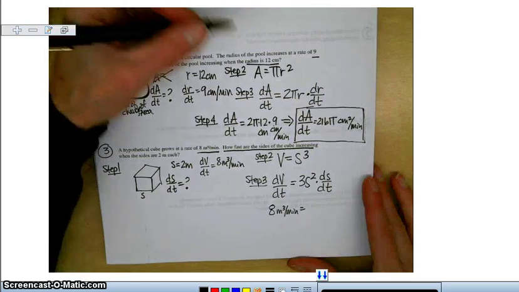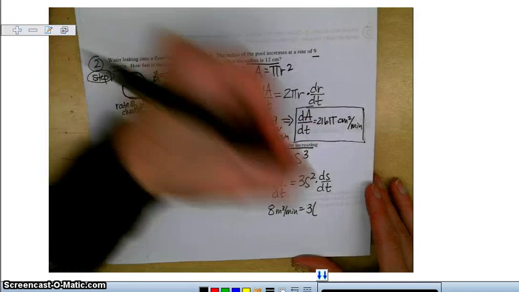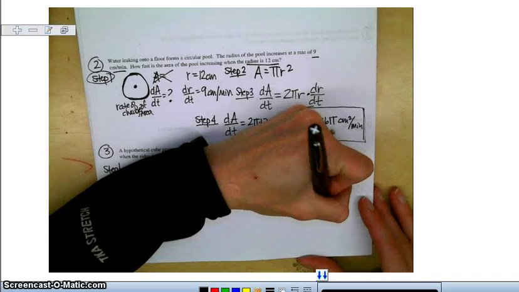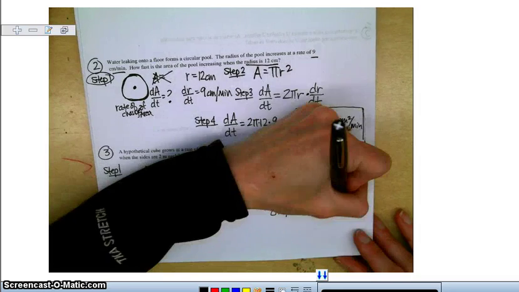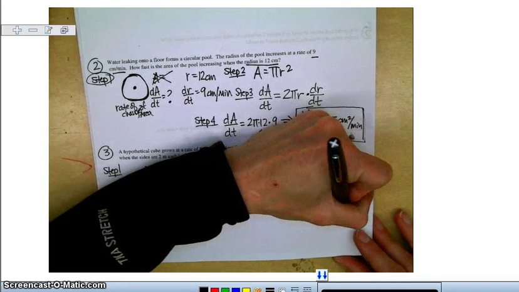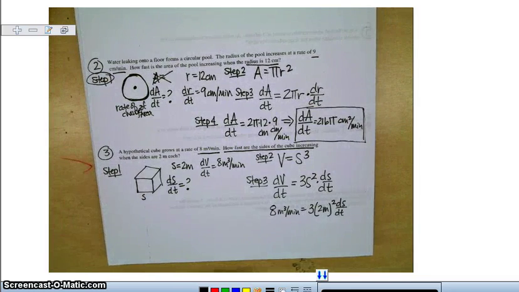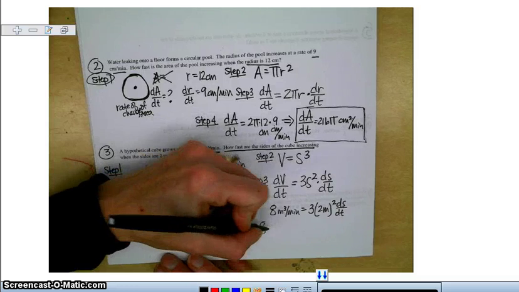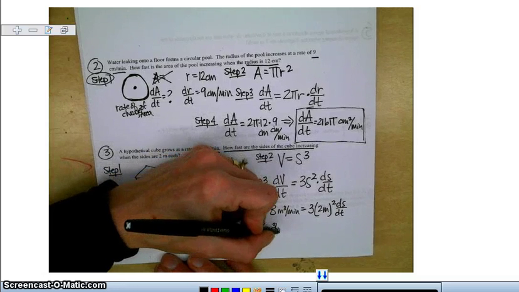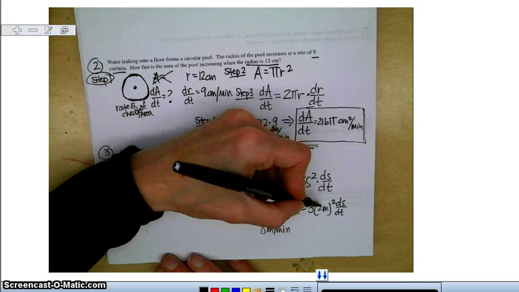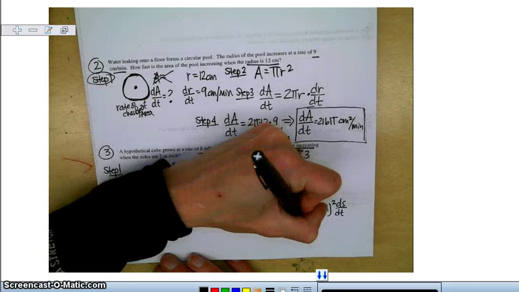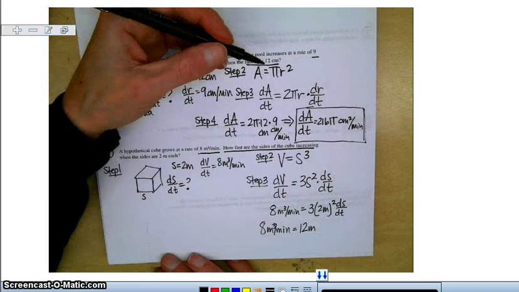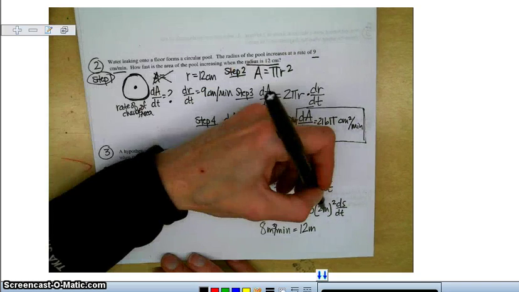The S is 2 meters, and I'm going to square it, times ds over dt. So I've got 8 meters cubed per minute, and 2 squared is 4 times 3 is 12 meters squared.